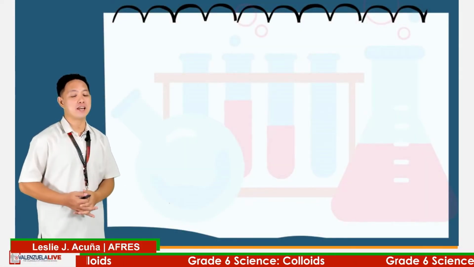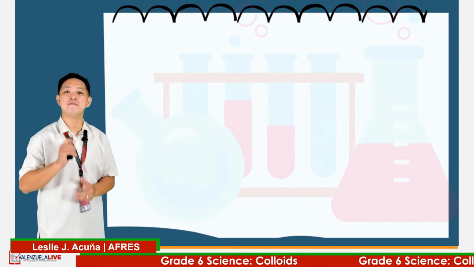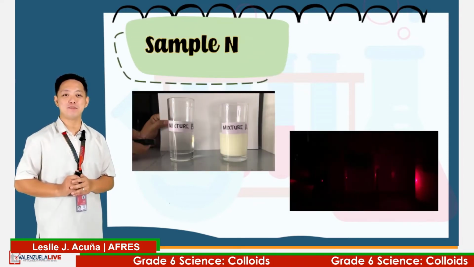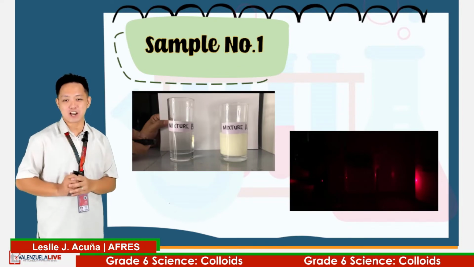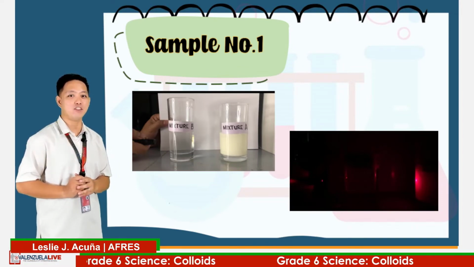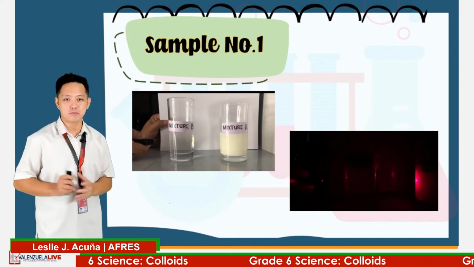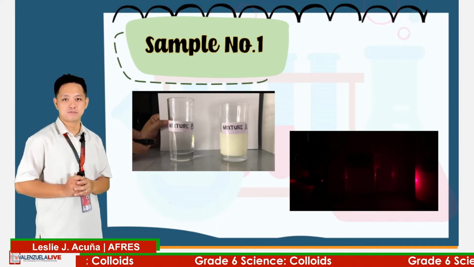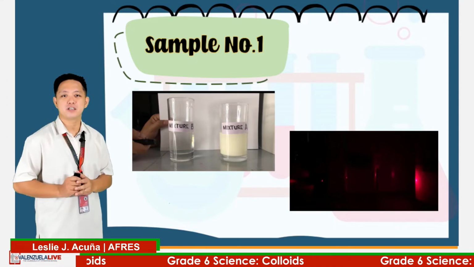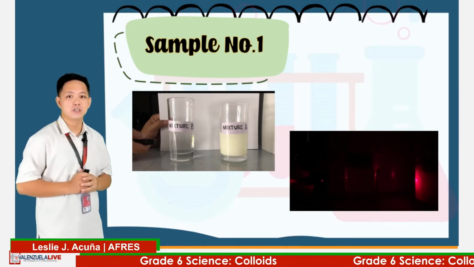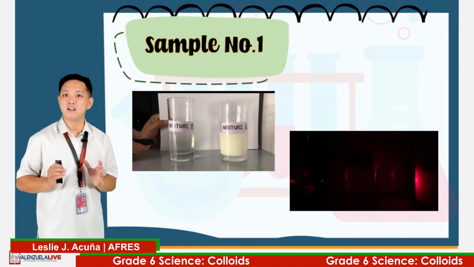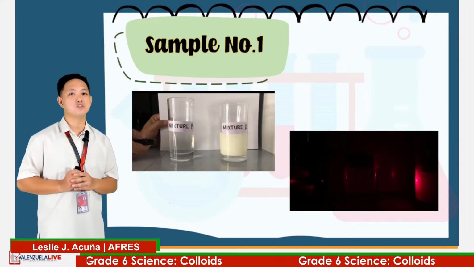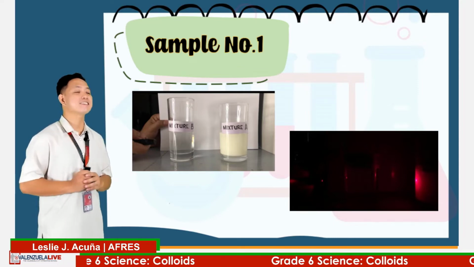What did you observe in our activity? In sample number 1, we have mixture A, which is the combination of milk and water, and mixture B is the combination of sugar and water. As we observe, the light that passed through mixture B is not visible, while in mixture A, the light is scattered.